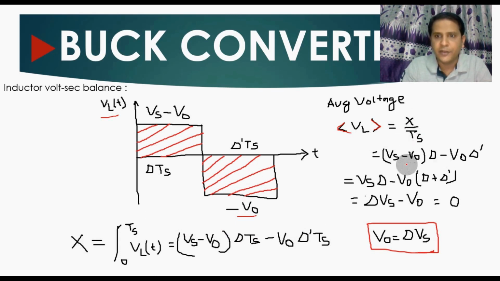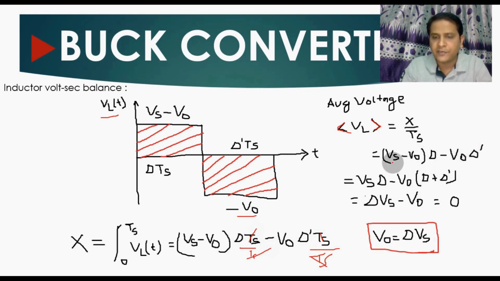So you already know what x is, and if you divide by your time period Ts, you will get Vs minus Vo. You will divide here by Ts, and you will divide here by Ts, so this gets cancelled. Okay, Vs minus Vo into d, minus Vo into d prime, right?